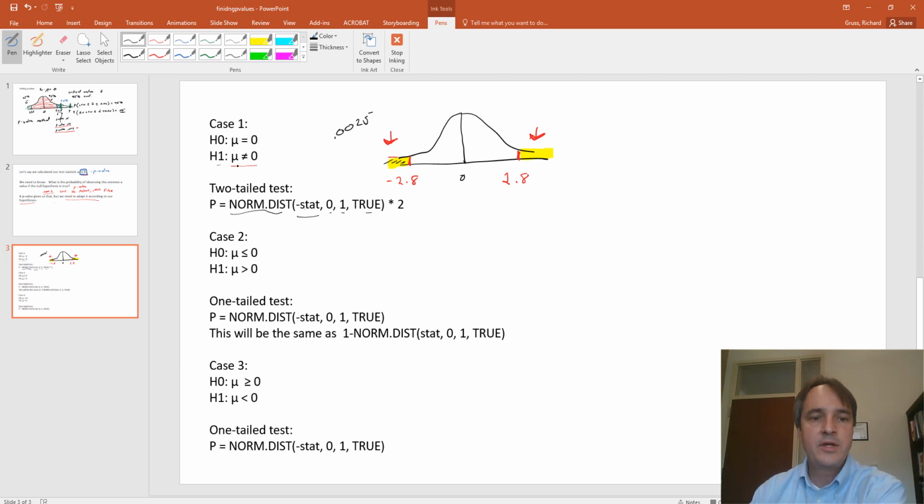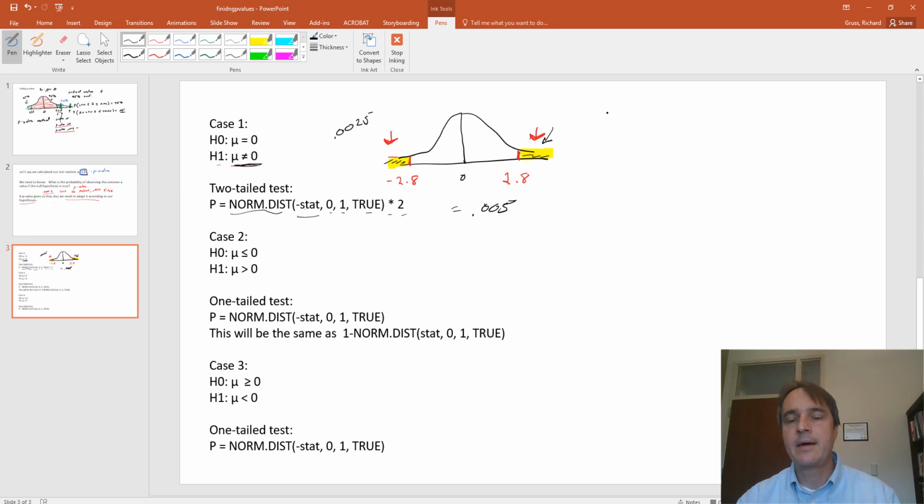But because we are interested in an extreme value in either direction, we have to add this over here. And because this is going to be exactly the same size as this, we can just multiply this by 2. And that's what I'm doing here. So 0.005. The p-value there is 0.005.